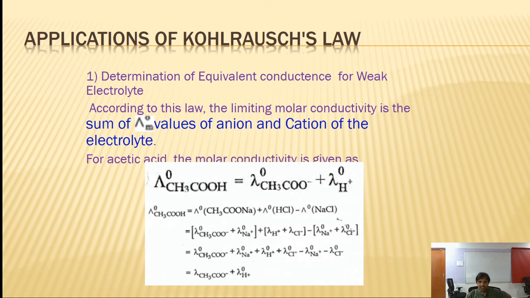Applying the Kohlrausch law here, CH3COONa can be written as lambda naught CH3COO minus plus lambda naught Na plus, and likewise lambda naught H plus and lambda naught Cl minus for HCl, and lambda naught Na plus and lambda naught Cl minus for NaCl.